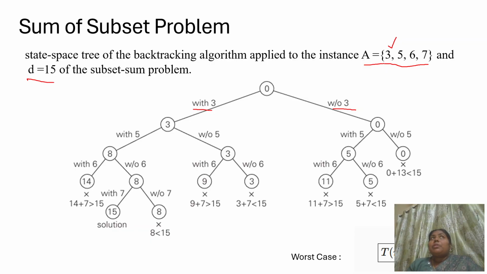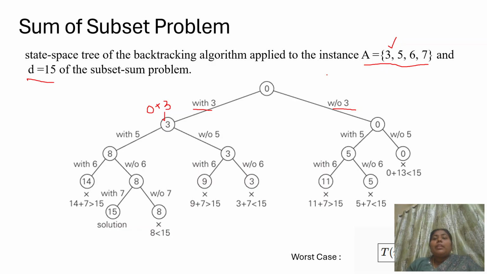The first element I am taking here is 3. I am including 3. Next, what is 0 plus 3? That is equal to 3. It is given here, 0 plus 3, I am taking here as 3.